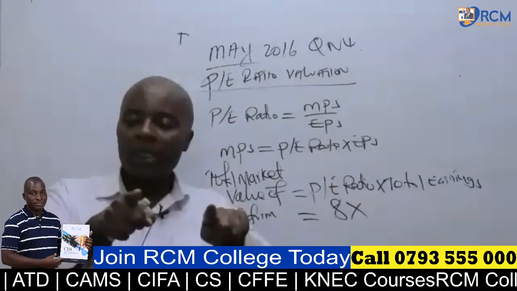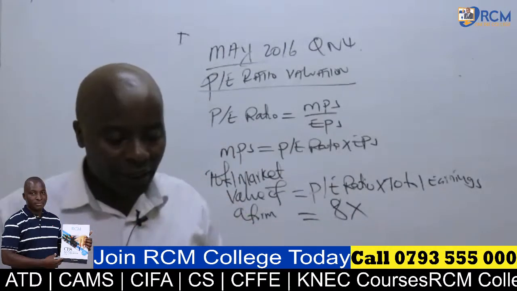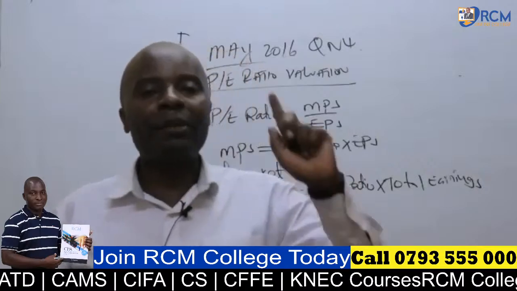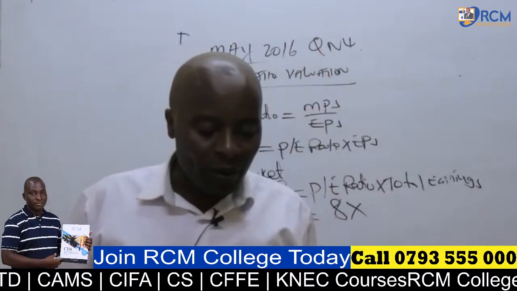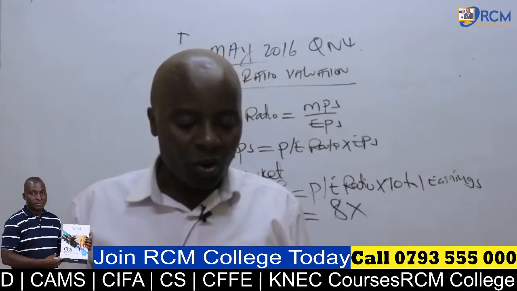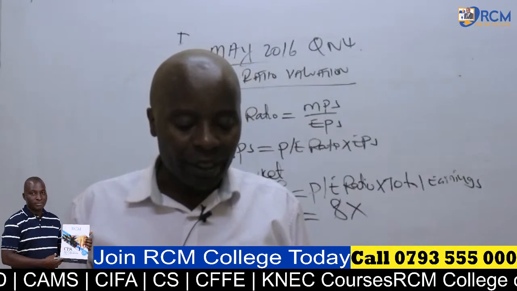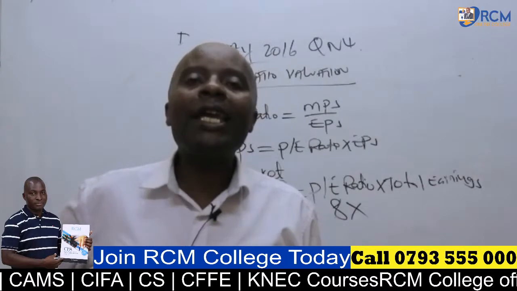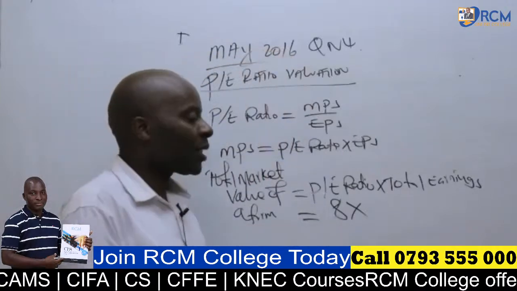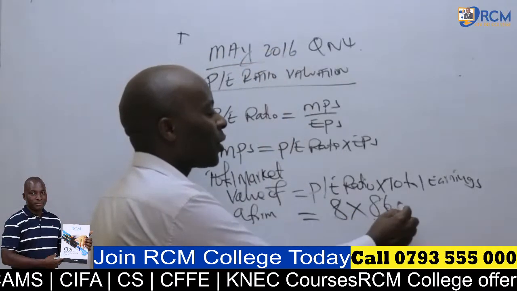The total earnings were given up there at the beginning in paragraph number 1. Huge Limited intends to take over Tiny Limited, another company in the same industry. Tiny Limited is expected to post earnings of 86 next year. So times 86.